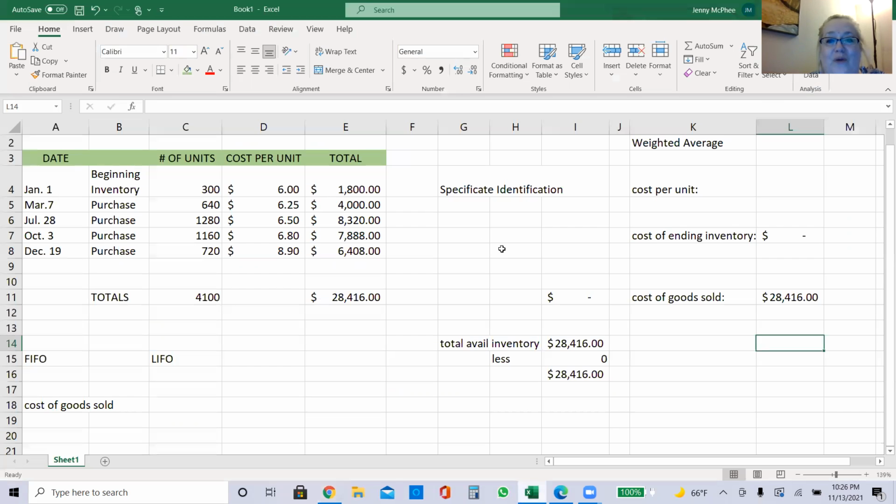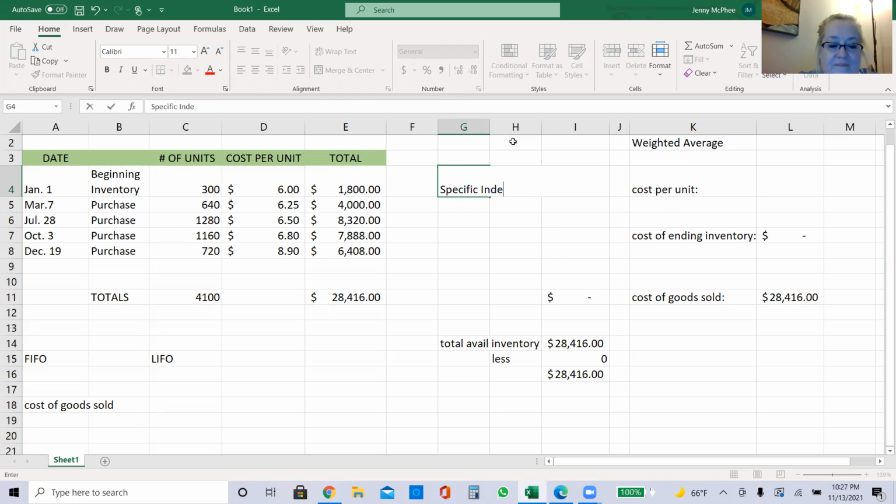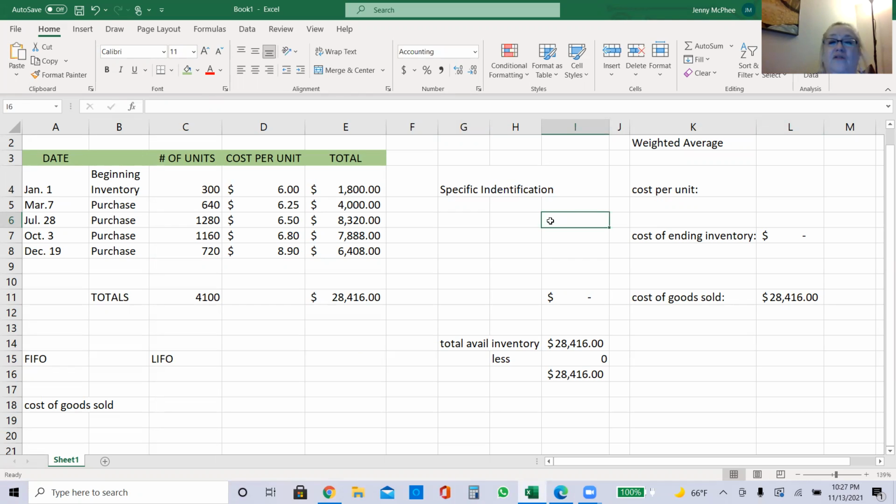There are 600 units left, 200 from each of the last 3, and that would go specifically with specific identification. So we'll take these last 3.